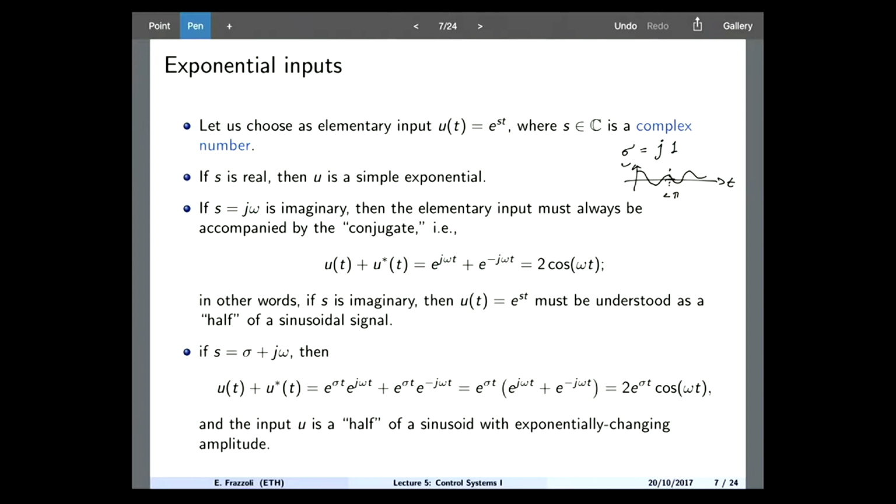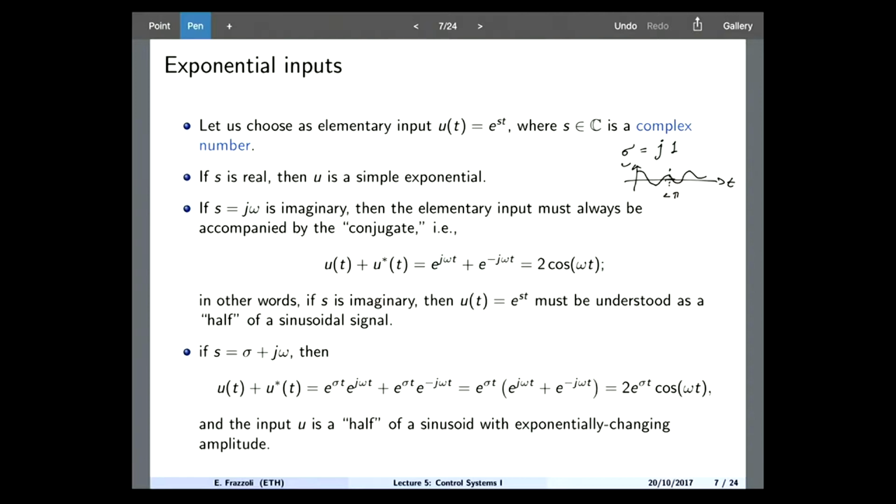The question is, why can't I apply an input that is e to the power jt? Mathematically, I can, right? I can write a formula that is like that. In practice, can I do that? No.